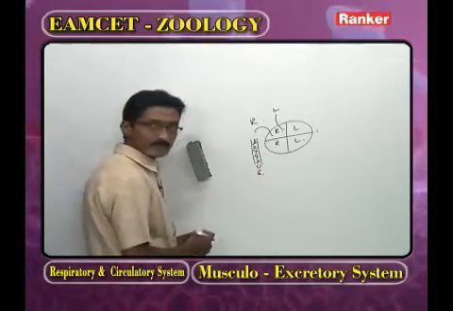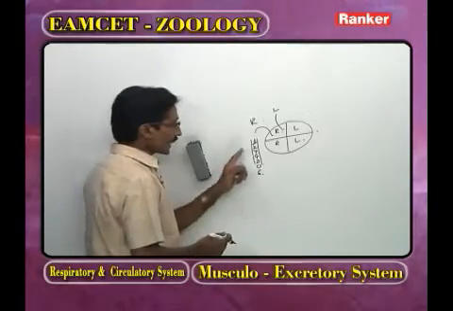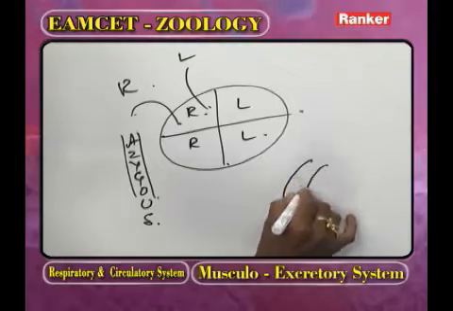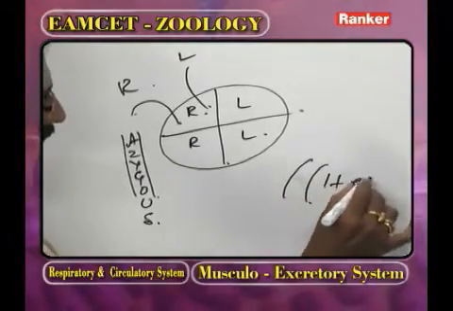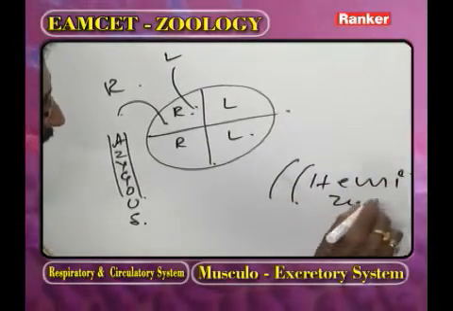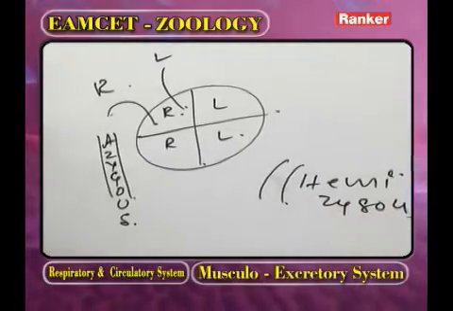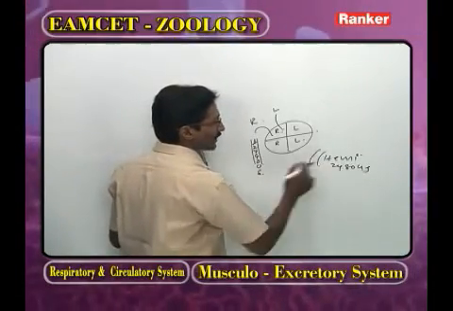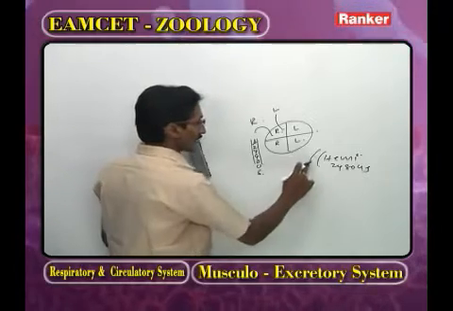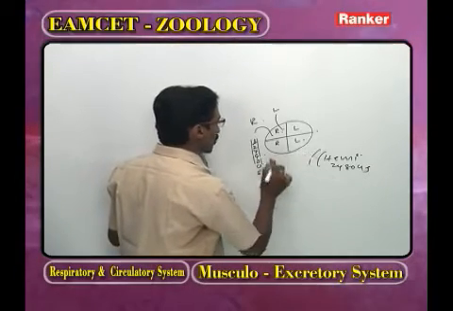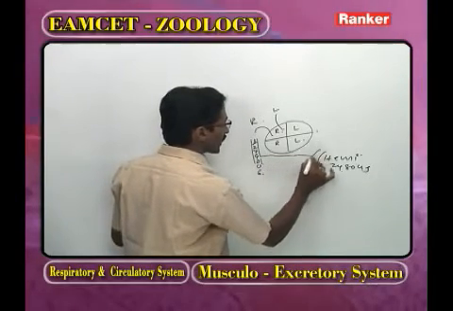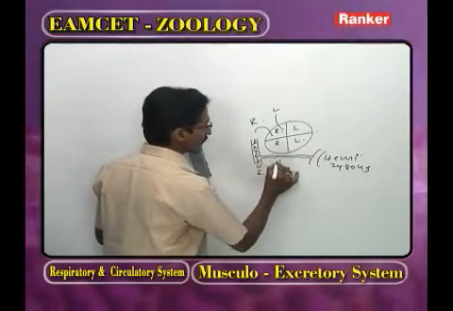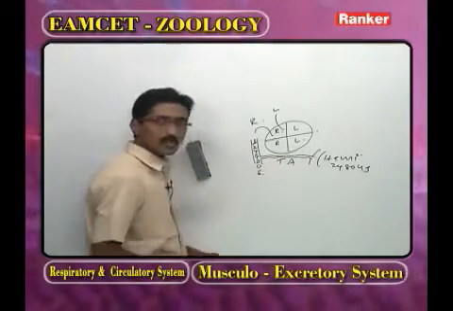Okay, students? The azygos is unpaired. Now, towards the left side, a small blood vessel is present, that we call hemizygos. What is meant by hemi? Part. Only a small blood vessel, that is called hemizygos. The hemizygos opens into azygos through a transverse blood vessel, that we call the transverse anastomosis.